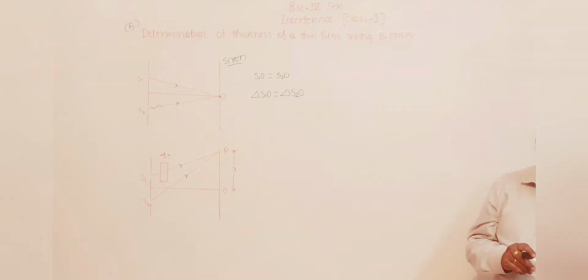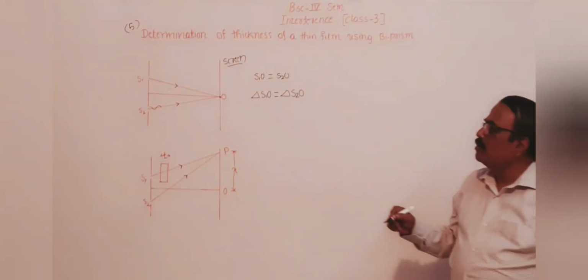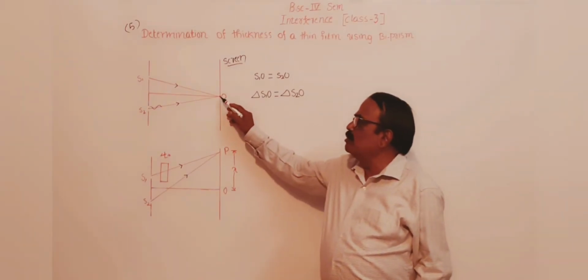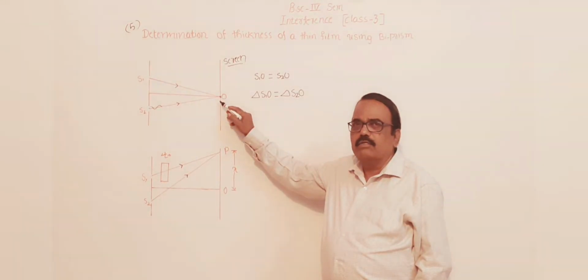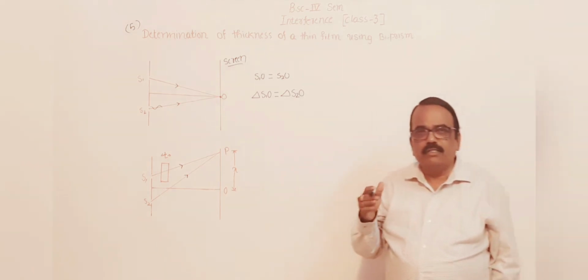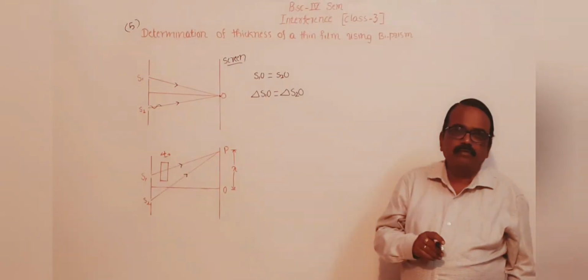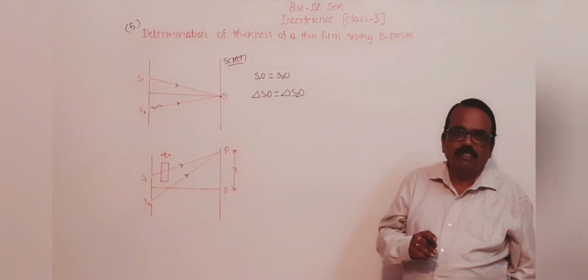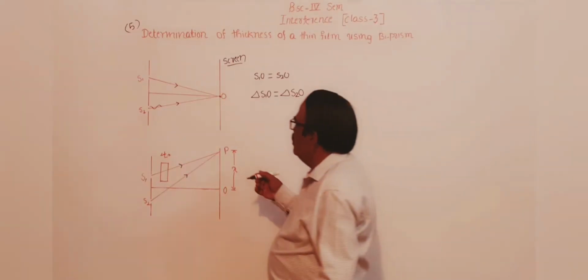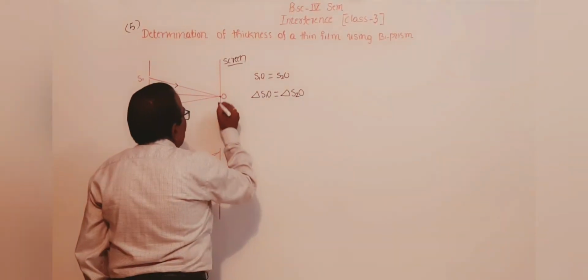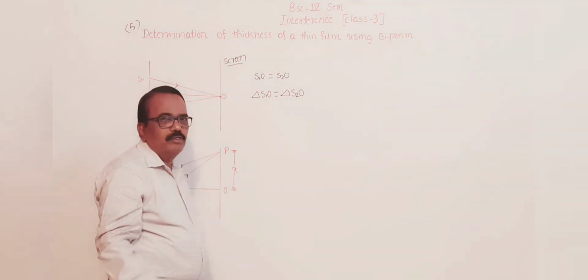If the path difference between them is zero, tell me whether this point O is bright or dark. If the path difference is zero, constructive interference takes place. Definitely this point O is a bright point.